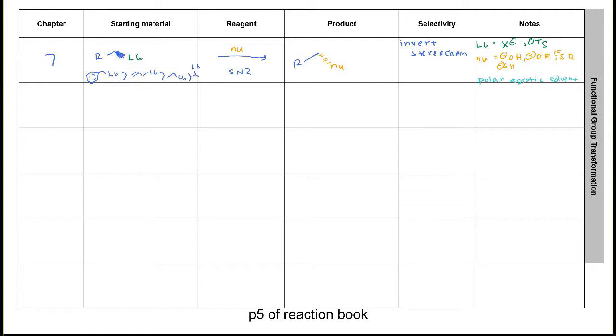The next one is the SN1, sorry. I'll start with the leaving group. And I have this on a tertiary, but this could also be the benzylic, the allylic, tertiary, and secondary.